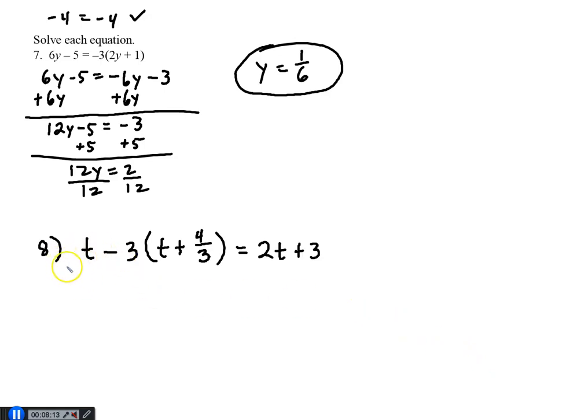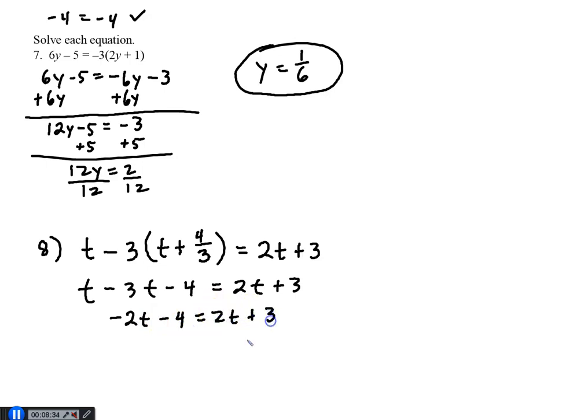All right, number 8, I'm going to distribute -3 to both of these. And -3 times 4/3 is just -4. Combine like terms. 1t minus 3t is -2t. Put t's on the same side, so if we use that little phrase, kill the little one, I'm going to add 2t to both sides.